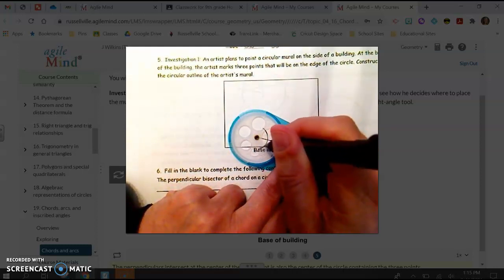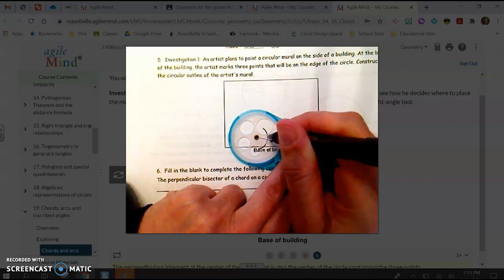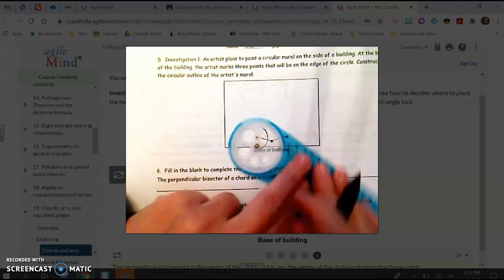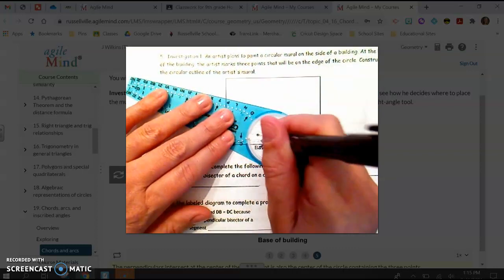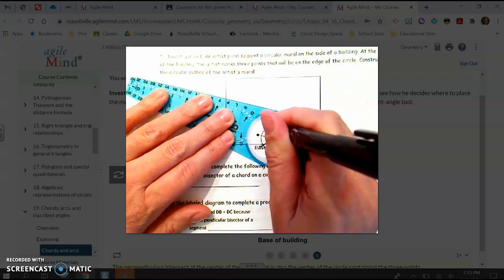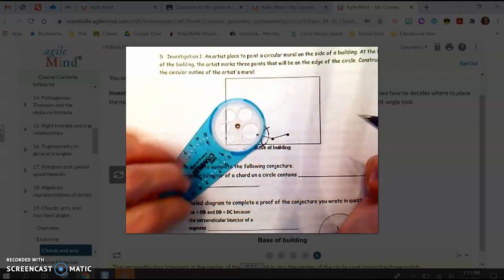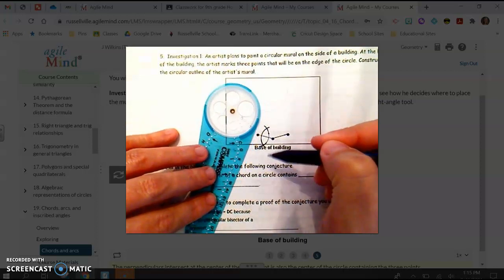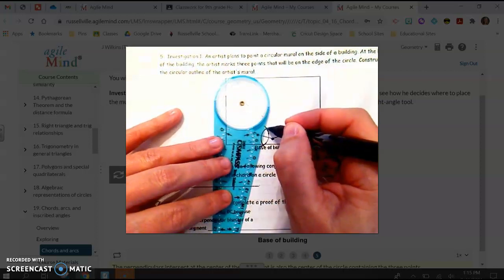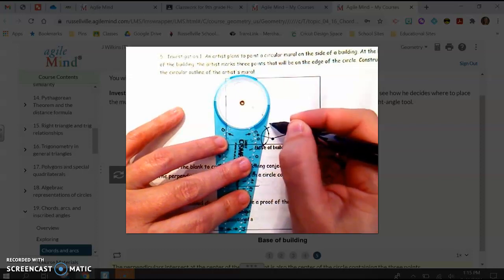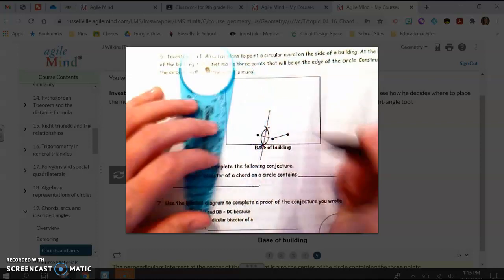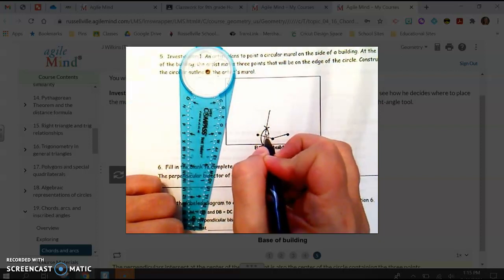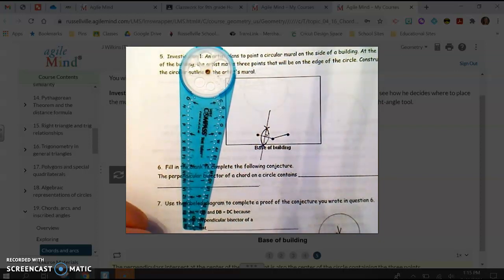The important part is to remember the hole that you used, because now we're going to switch to the other end point and use that same hole, and where my arcs intersect will create a perpendicular bisector. Okay, so that is perpendicular and goes through the midpoint of that segment.